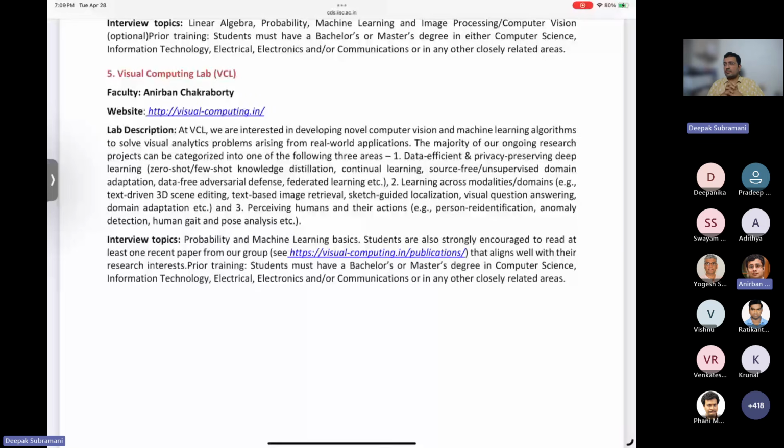The other area that we are interested in is generative modeling. Even in this area, we are interested in building generative models that enable us to edit audio of a video. Suppose you have a video and, with a prompt or any text-to-video diffusion model, you change that particular video.